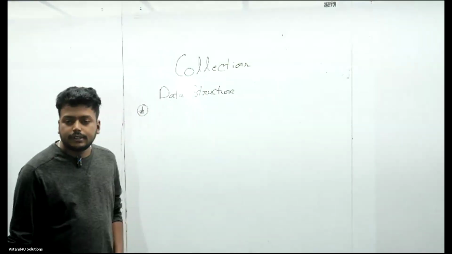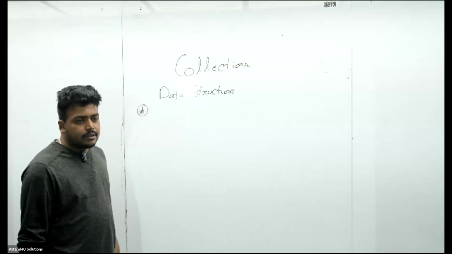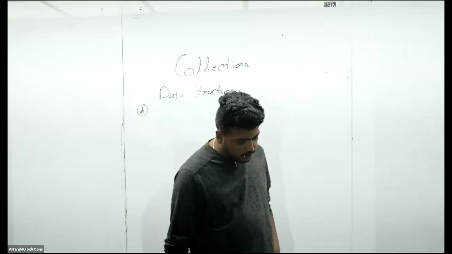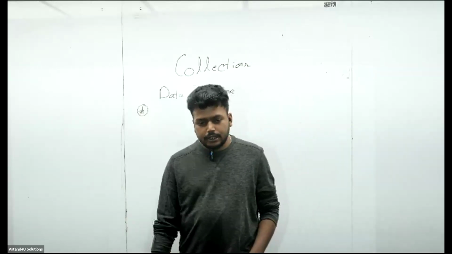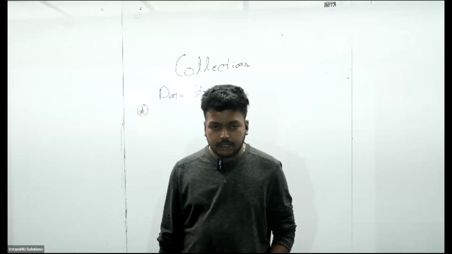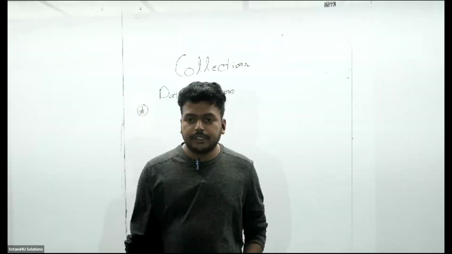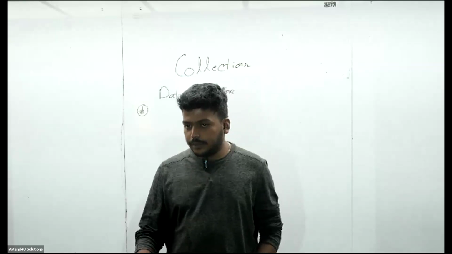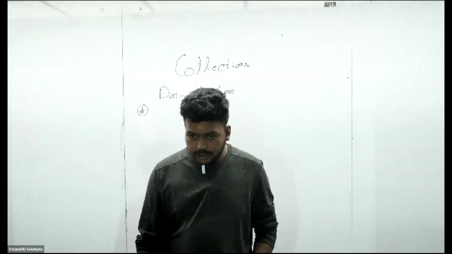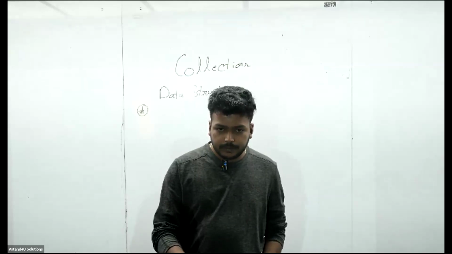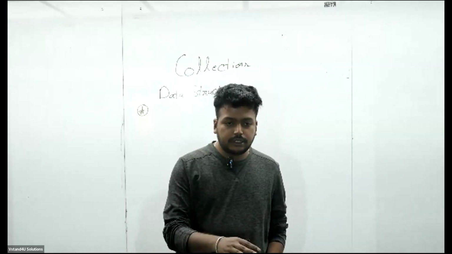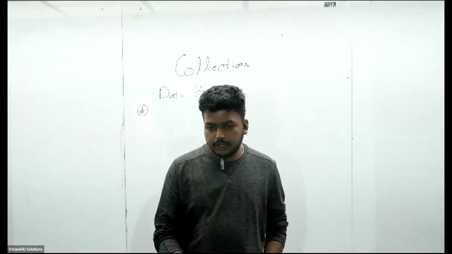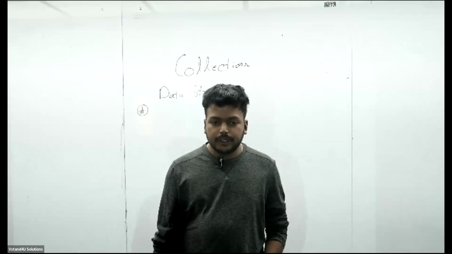This is called data structure. See, if I take a box, it is mixed with 20 chocolates of Munch, 20 chocolates of Kit Kat, 20 chocolates of Dairy Milk. Everything is fully mixed.